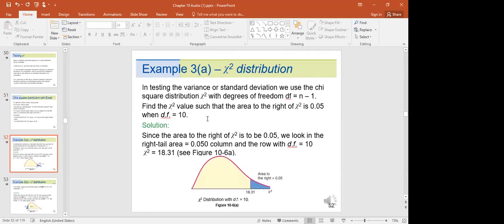Do we understand the meaning of me saying right? So we have 0.05 to the right of chi-square, and we want to determine this value, chi-square, with degree of freedom of 10.